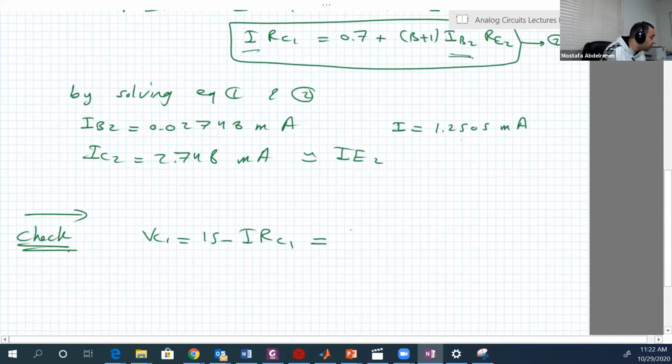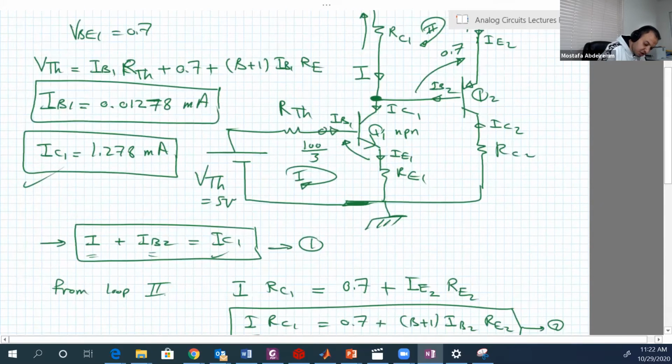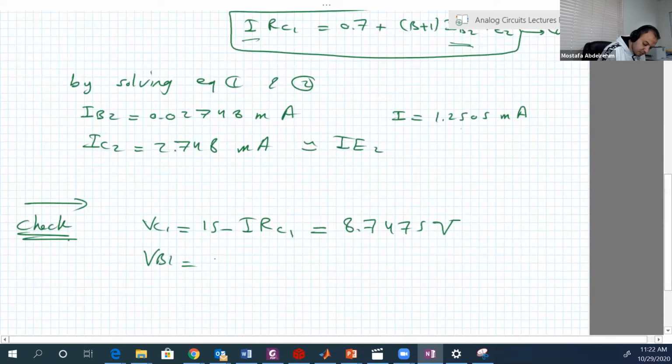This will give you 8.74 volts. VB1 is the voltage at base 1, equal to V Thevenin plus IB R Thevenin. So this will equal 4.534 volts as well.